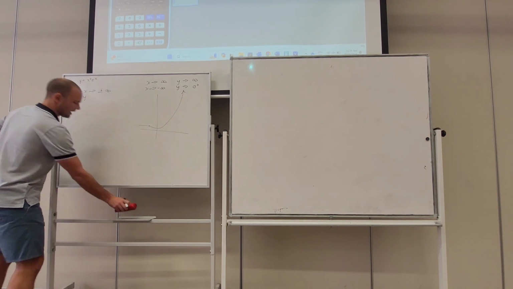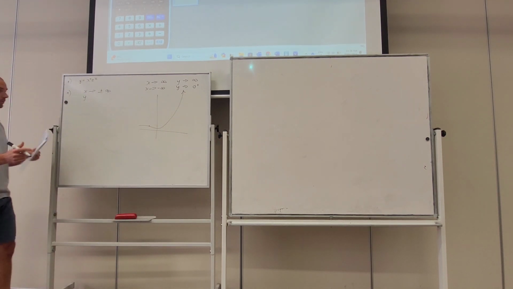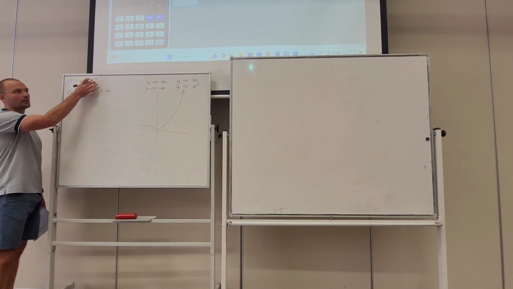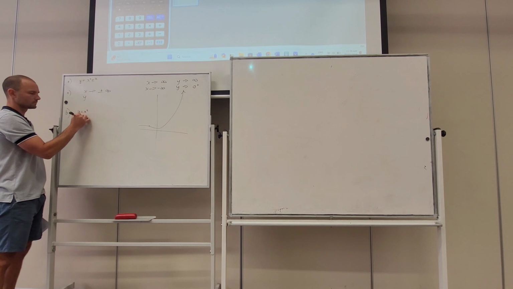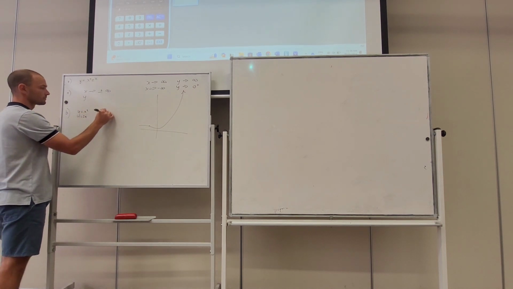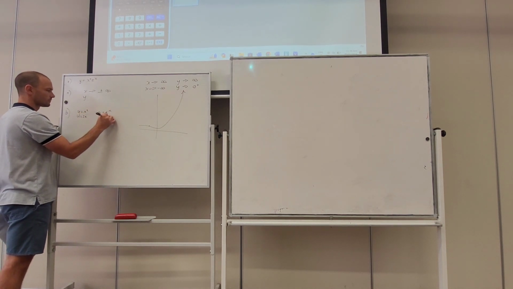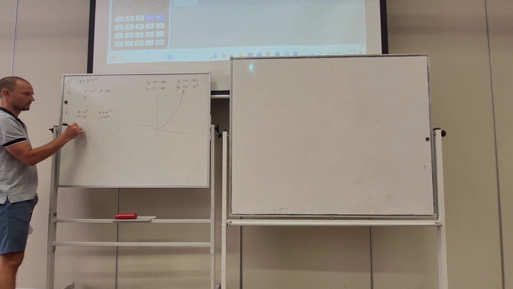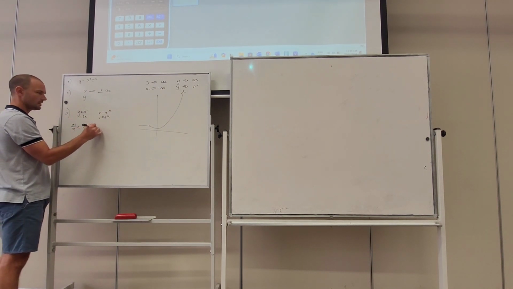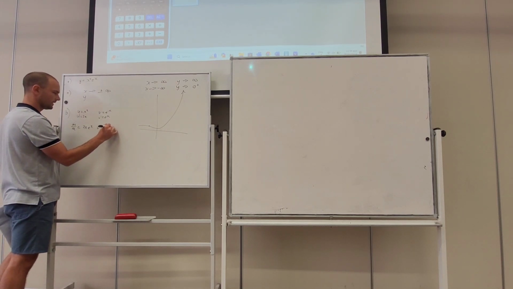We've got find the first derivative and draw its sign diagram. So if I'm going to differentiate this, I need to use the product rule. So the first derivative then will be u dash v plus u v dash.